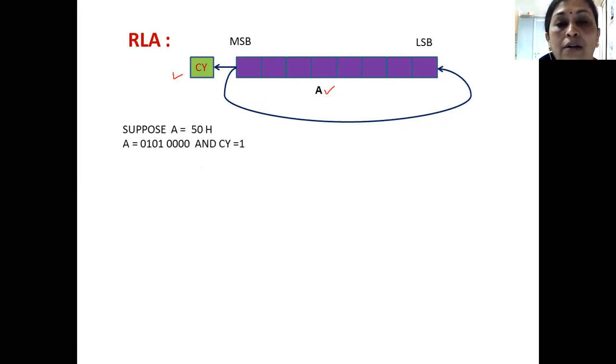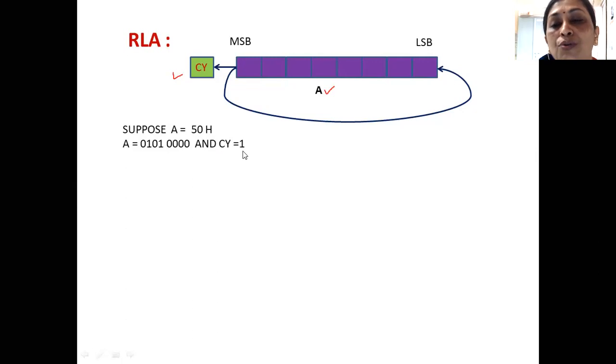Yes, ma'am. Now let us study how this instruction works. Suppose the accumulator contains 50 hexadecimal. All of you know that 50 hexadecimal can be written as 0101, which is equivalent of 5, and 0000, which is equivalent of 0. And suppose your carry flag contains 0.